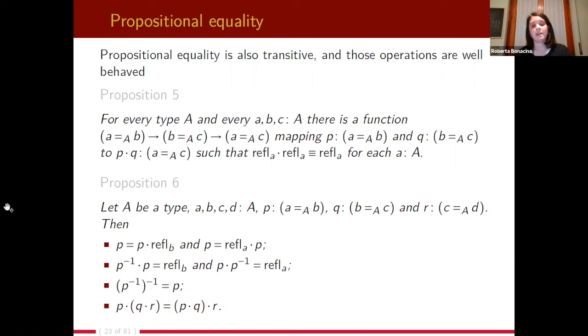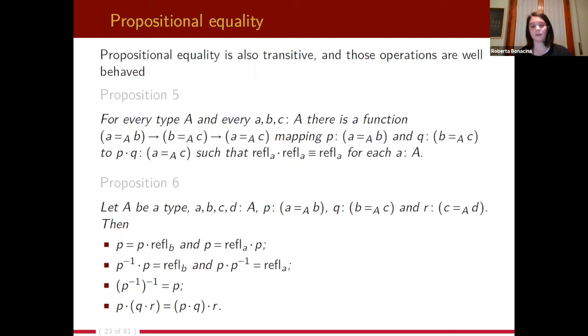So if we have A, B, C, and D of type A, and we have the path P from A to B, Q from B to C, and R from C to D, then we have that P is equal to P composed to ref on B, and that P is equal to ref on A composed to P.